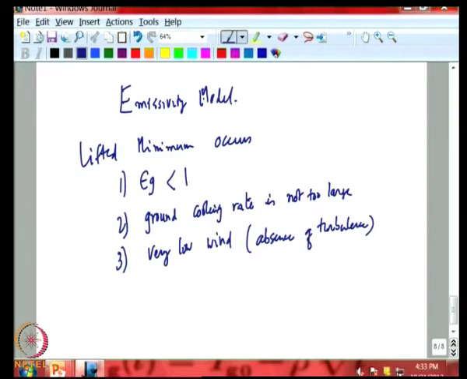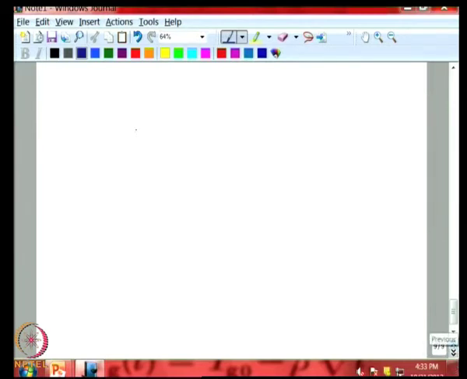And to understand the role played by the ground emissivity, we must look at the expression for radiative divergence, which will be shown to be of this form.